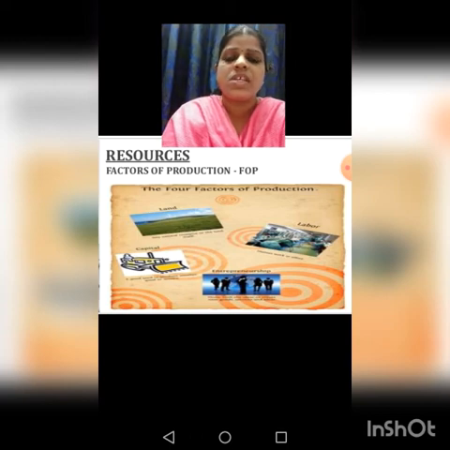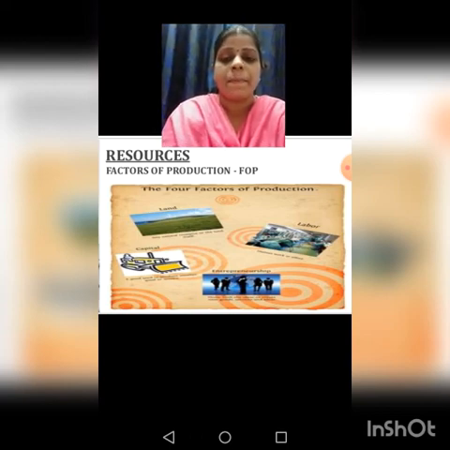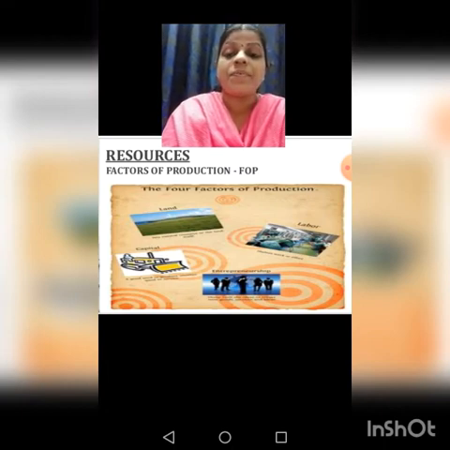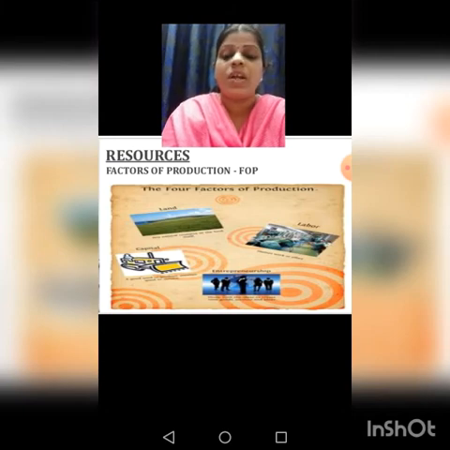You just think for a while, what all things are required for this activity of production? Yes, the first prerequisite factor is land, right? First factor is land. The second one is, yes, labor. Labor is required to produce in such a piece of land, right?